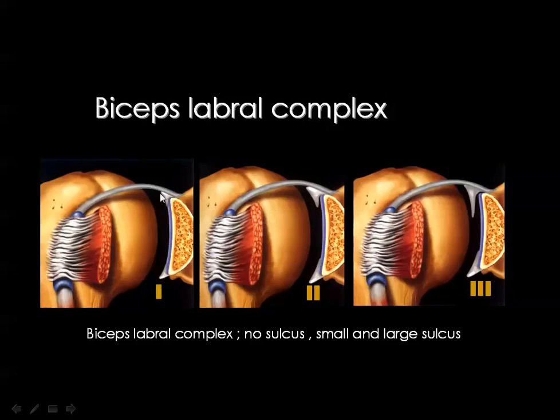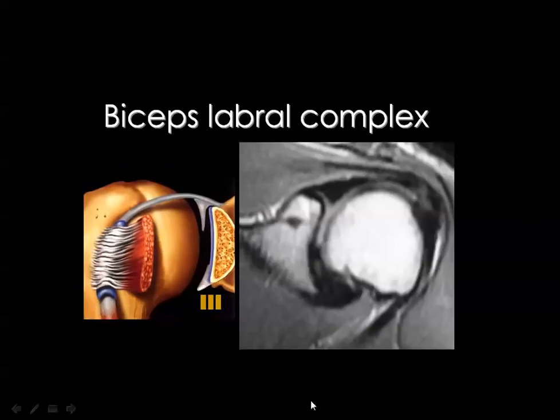And this is the usual appearance, which is the labrum is firmly attached to the glenoid part of the scapula, while here you can see a small sulcus which is normal between the labrum and the glenoid part of the scapula, and the sulcus may be relatively large, as you can see. All these are considered within normal.